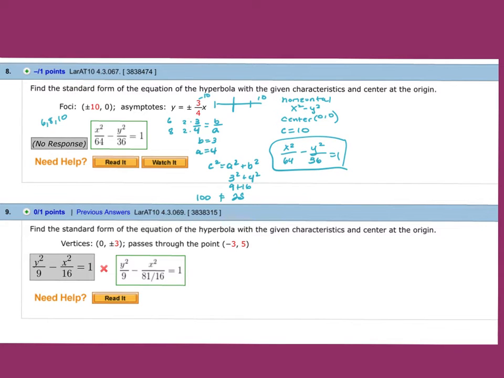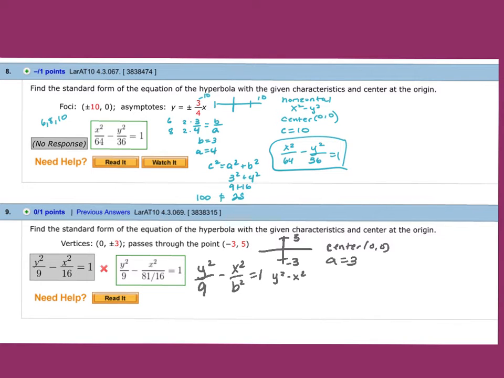And then 9, so this is just like Vanessa's. This time you're going up and down 3. So I still know that my center's at 0, 0. This time it's vertical, so it's y squared minus x squared. And my A is 3. So I have y squared over 3 squared, which is 9, minus x squared over B squared equals 1.